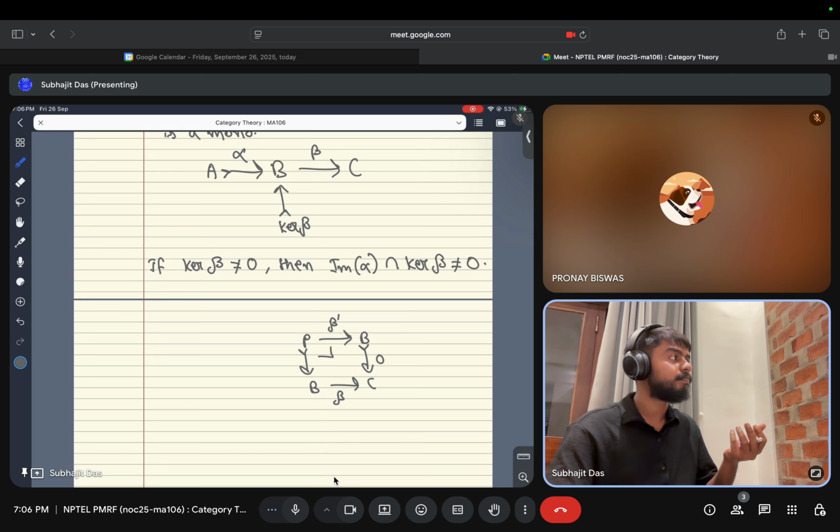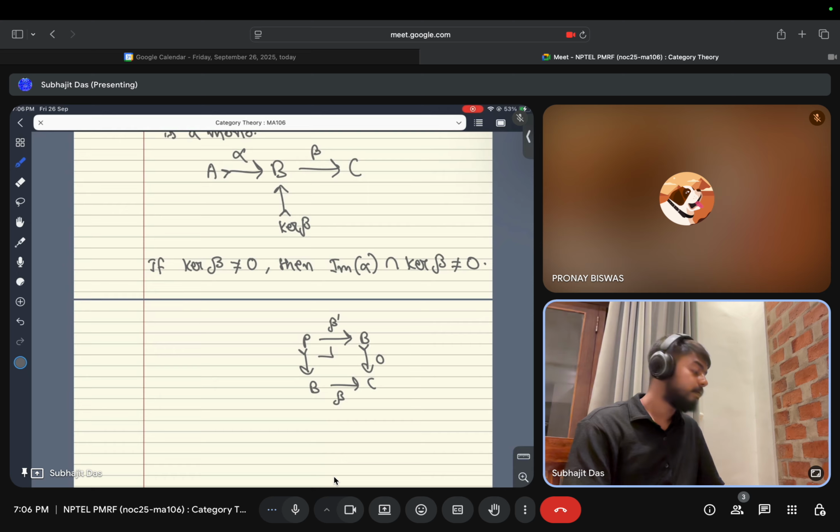I mean, one second, it should work, right? Because we take x, y, beta x is equal to 0. Yeah, this will work. I mean, there's an issue with this.